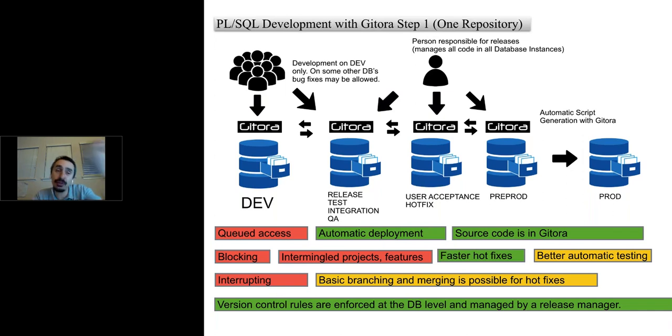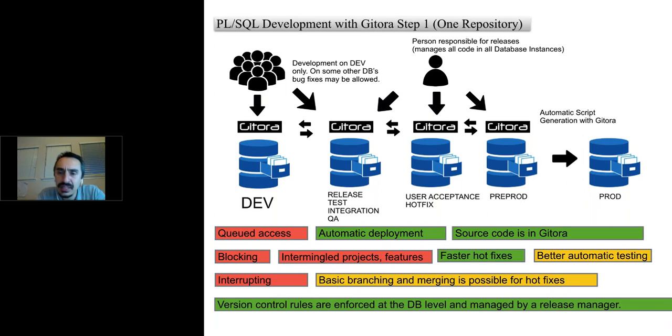It's not super good, but it's good. Basic branching is here because now you can be more relaxed on changes in preprod, user acceptance, dare I say a hotfix database, or in the test and integration databases, because changes will not get lost. You still have them, and you can still apply them to dev later on, whenever it's convenient to you. So that's some branching. And again, the rules are enforced at the database level, which is great.